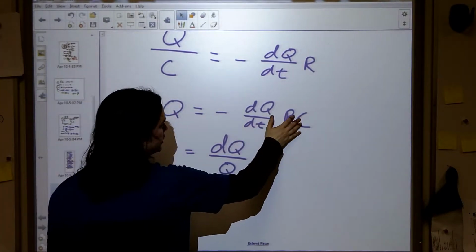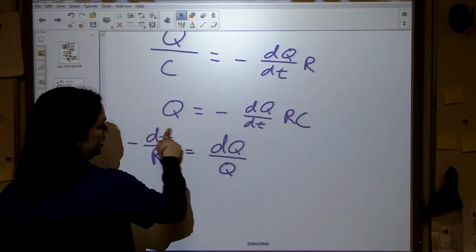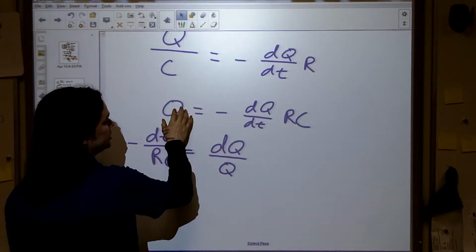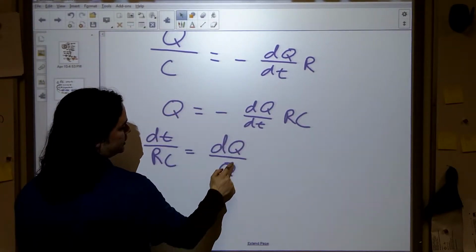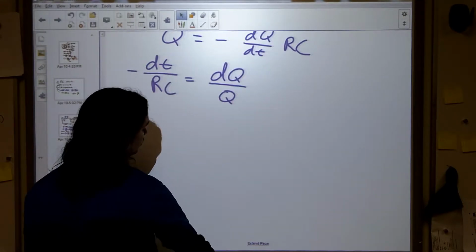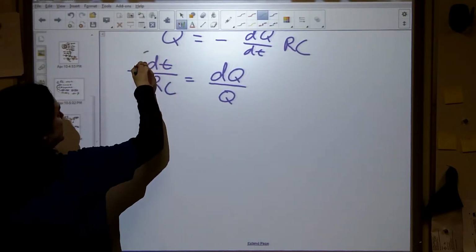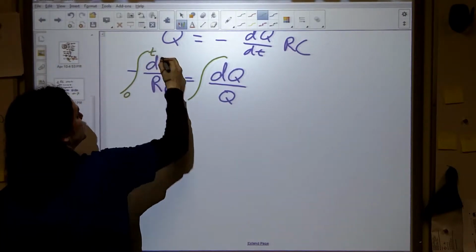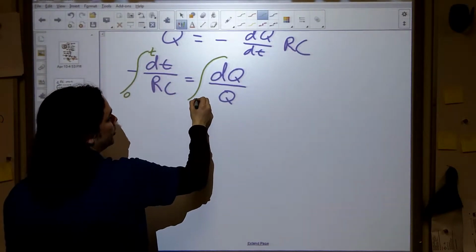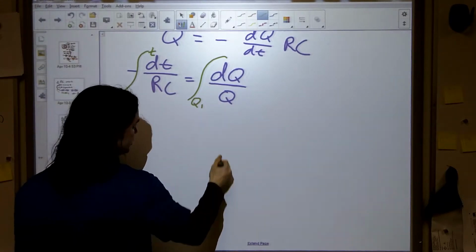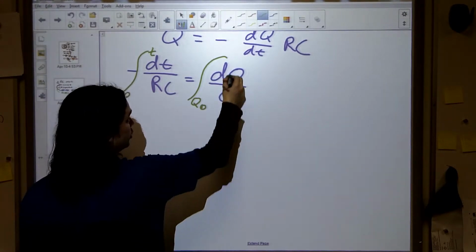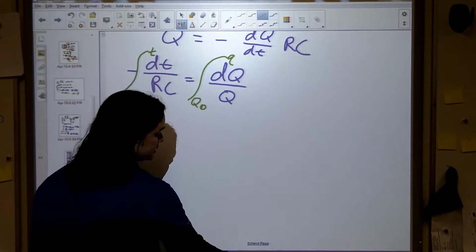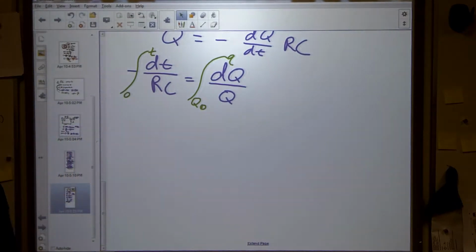Move the dt and these constants over here, and the negative along with it. Negative 1 is a constant. And I divided both sides by Q, getting me dq over Q. Here is where we once again integrate from 0 to time t, and we're going to go from Q, the initial charge, Q naught, to some lowercase q, like we did in the last one, where that is Q as a function of time.